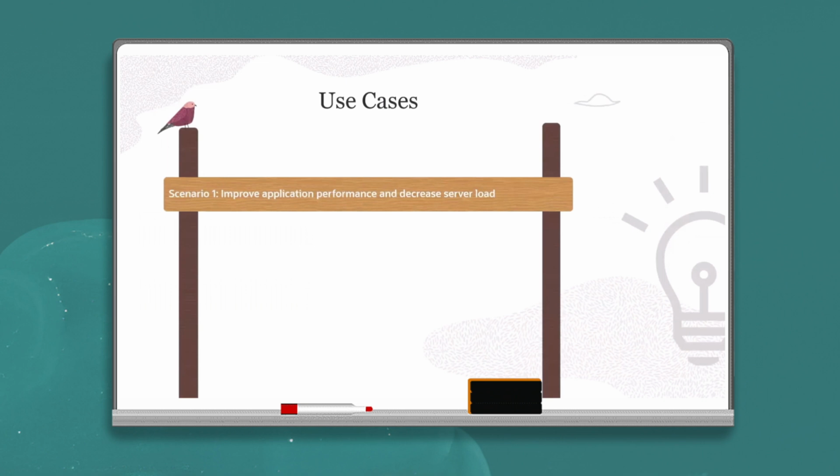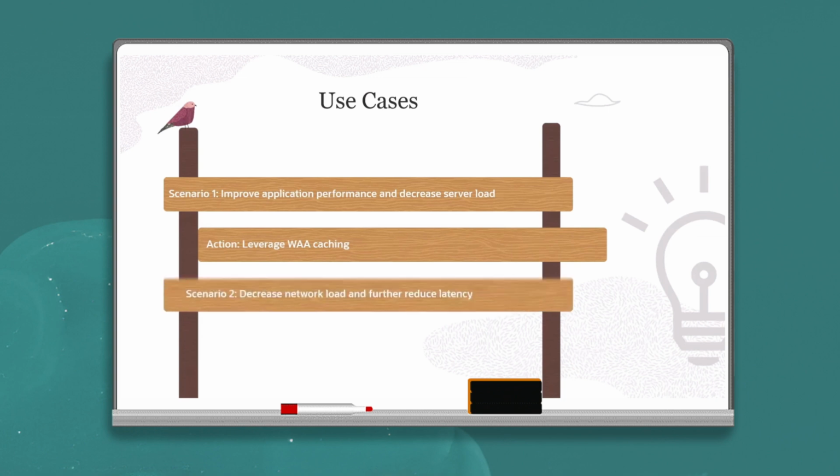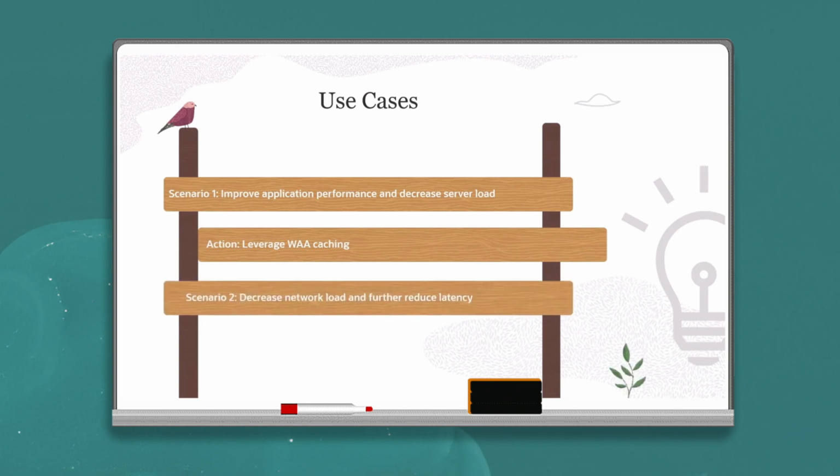Scenario 1 is about improving application performance and decreasing the server load. That can happen when we leverage web application acceleration caching. The second scenario is that we would also like to decrease the network load, which in turn is going to reduce the latency.